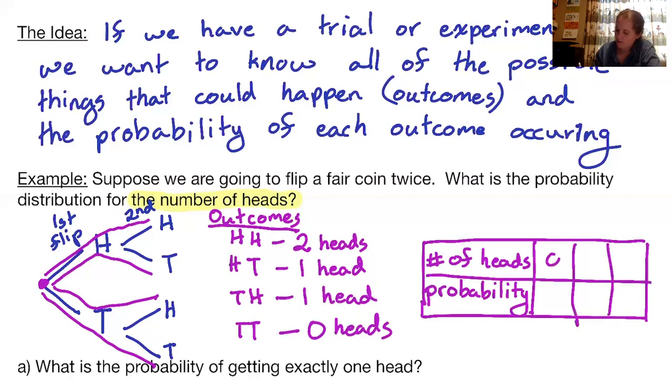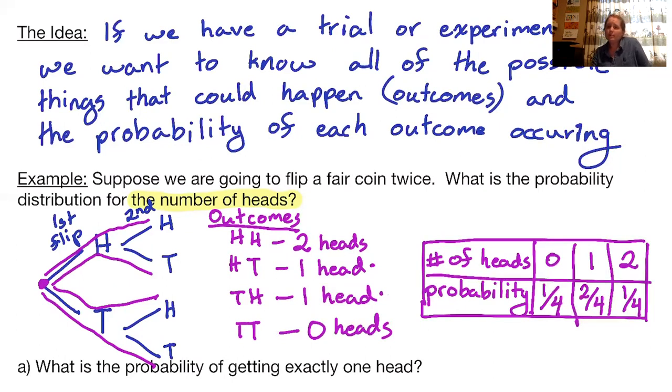So it could just be 0, 1, or 2. 0 heads occurred once out of the 4 times. So it occurred 1 time out of 4. 1 head occurred twice out of the 4 times. So 2 out of 4 or 1/2. And then 2 heads occurred just that 1 time out of 4.